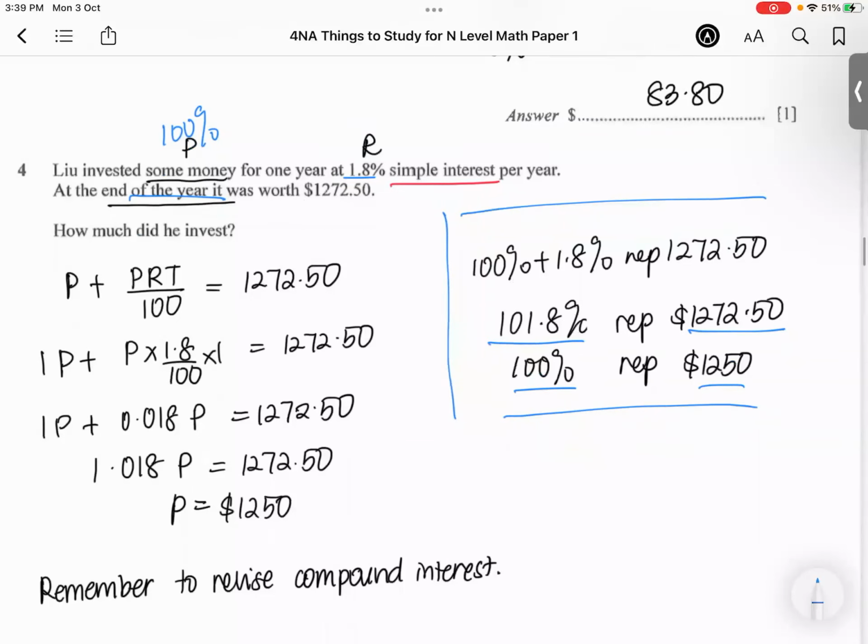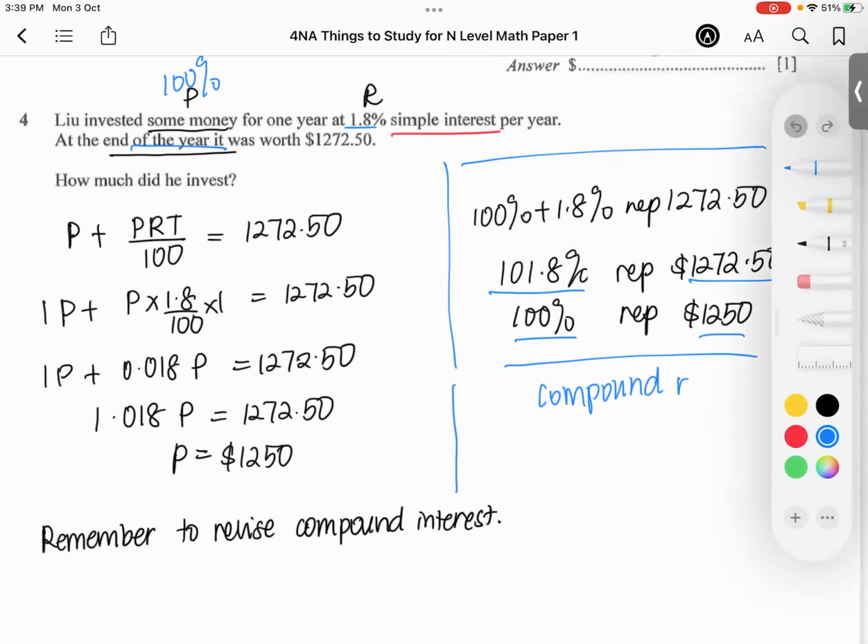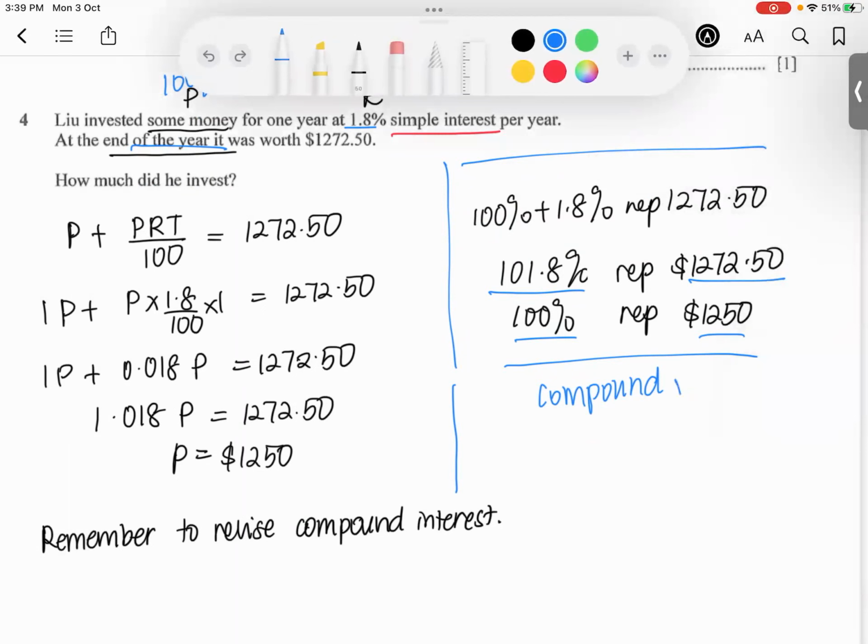Okay, reversely, this question can also appear in terms of a compound interest question. Invested some money at a compound interest rate of 1.8%.